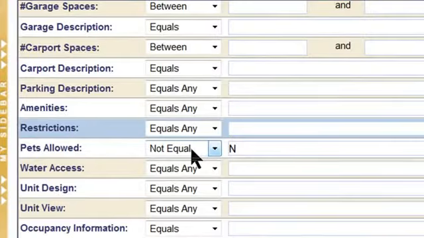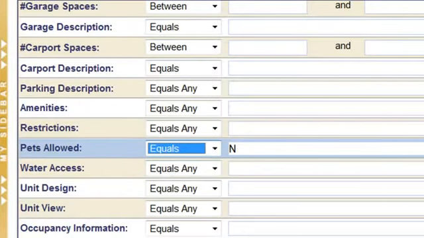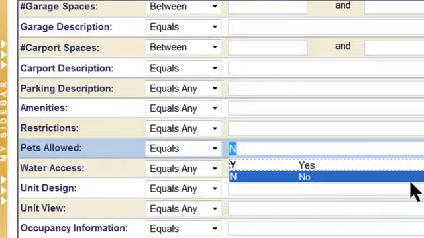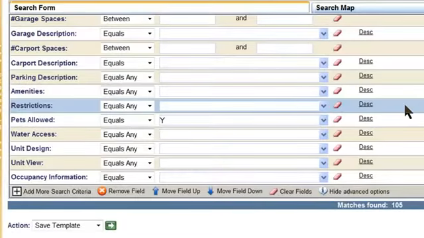You want to go not equals and then no, which is really the same as saying equals yes, but less matches found. So please keep that in mind when searching for condos.